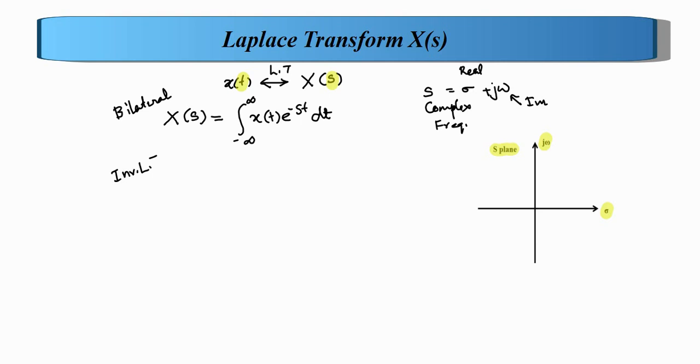The inverse Laplace transform: x of t is equal to 1 by 2 pi j integral from sigma minus j omega to sigma plus j omega of X of s into e raised to st ds. So here the variable is s, and in the first case the variable is t. Here the limits are minus, here plus.